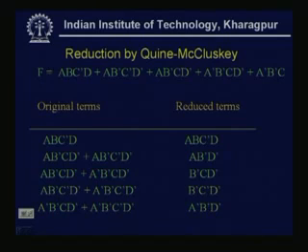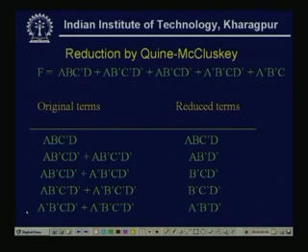So, the reduced term will be a b bar d bar. Similarly, if I take this type of original terms, all possible combinations of 2, then I will be getting these 4 such reduced terms. These are the 4 reduced terms I am getting, and this is not reduced because only one is there.